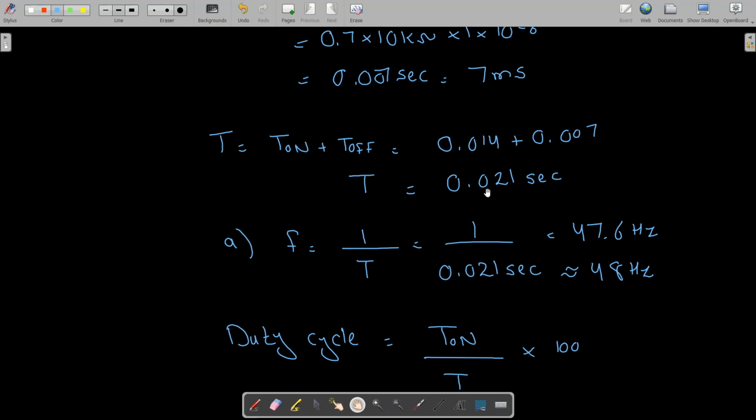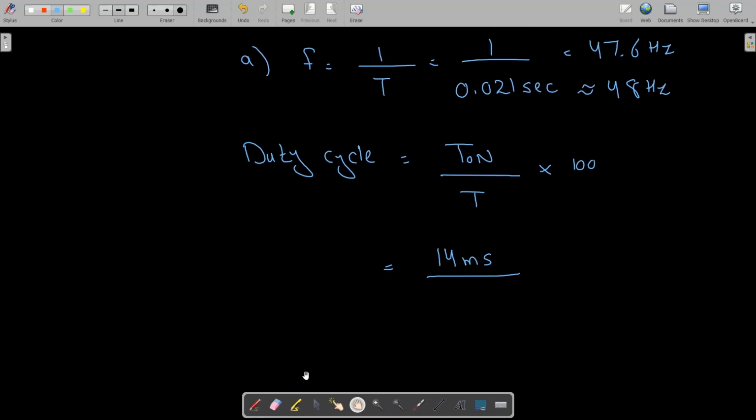Total time T is your 21 millisecond or 0.021 second. So 14 millisecond divided by 21 millisecond multiplied by 100. And this comes out to be 0.66 multiplied by 100, which is equal to 66%.